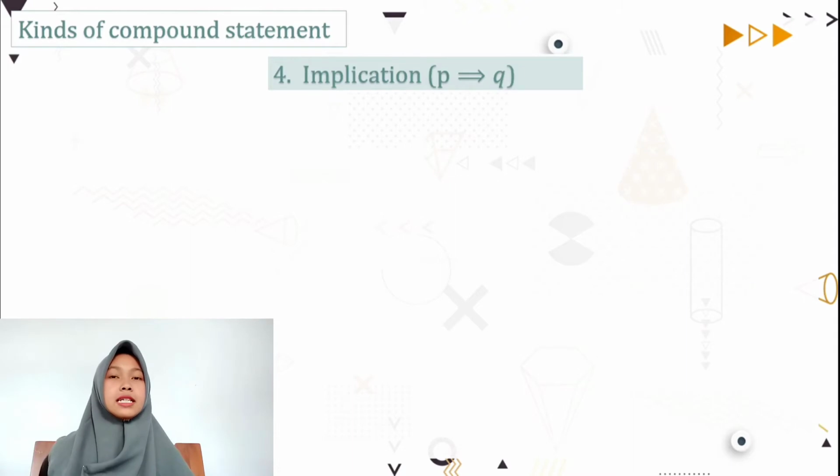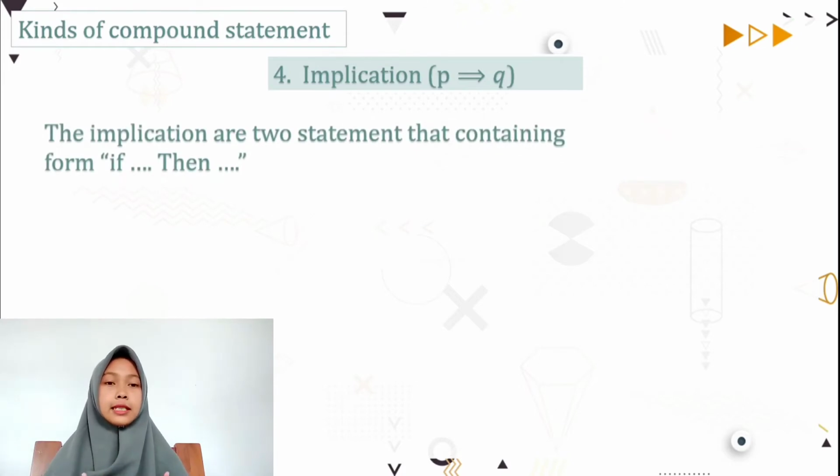The fourth is implication. Implication is two statements containing the form if blah blah blah, then blah blah blah.